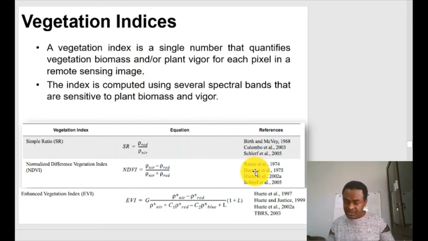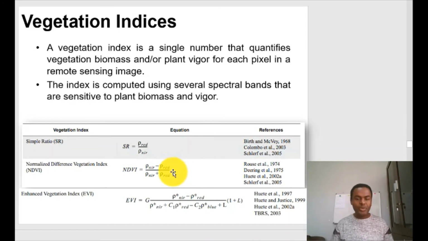There are different references. You can read those references. Also, identifying the drawback of NDVI, there are scientists who developed the enhanced vegetation index. In arid and semi-arid areas, NDVI can be used effectively, but in humid and subhumid areas, NDVI is very difficult to use.